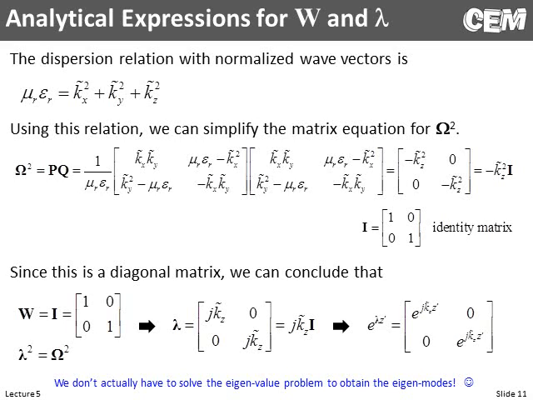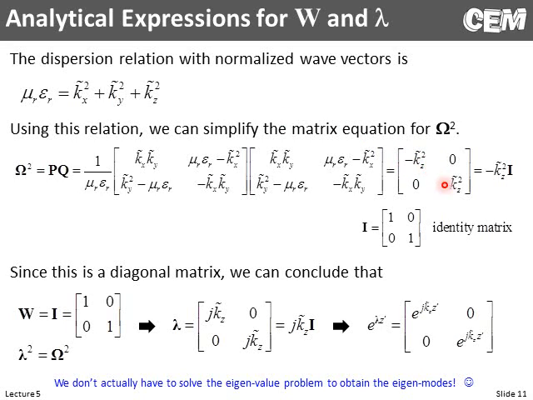So something interesting happens for this case, and first we'll need to know the dispersion relation with the normalized wave vectors, and we can write that this way. And if we look at omega squared, we'll have P times Q, so P and Q. If we do a lot of math here, we multiply these matrices together, we apply this dispersion relation, it turns out omega squared just ends up being minus kz squared in the two diagonal positions.